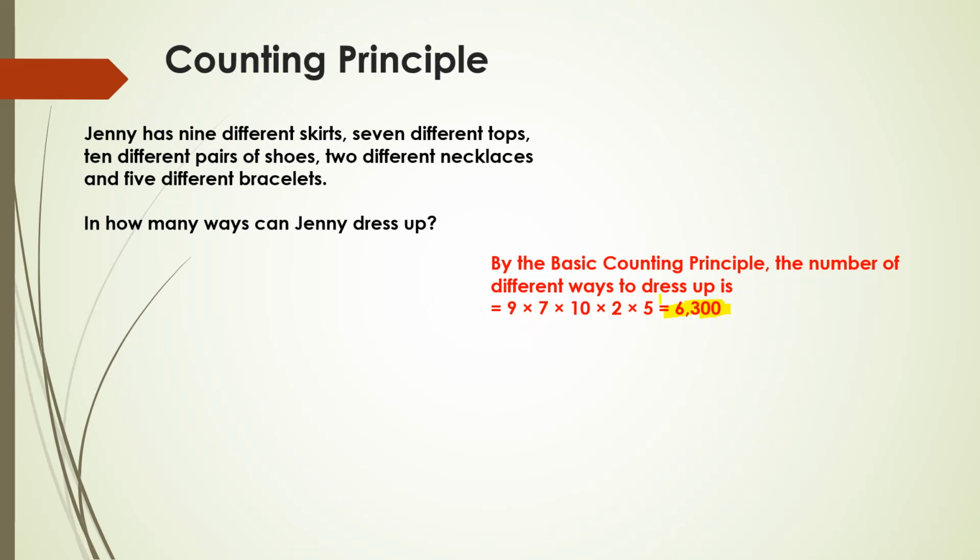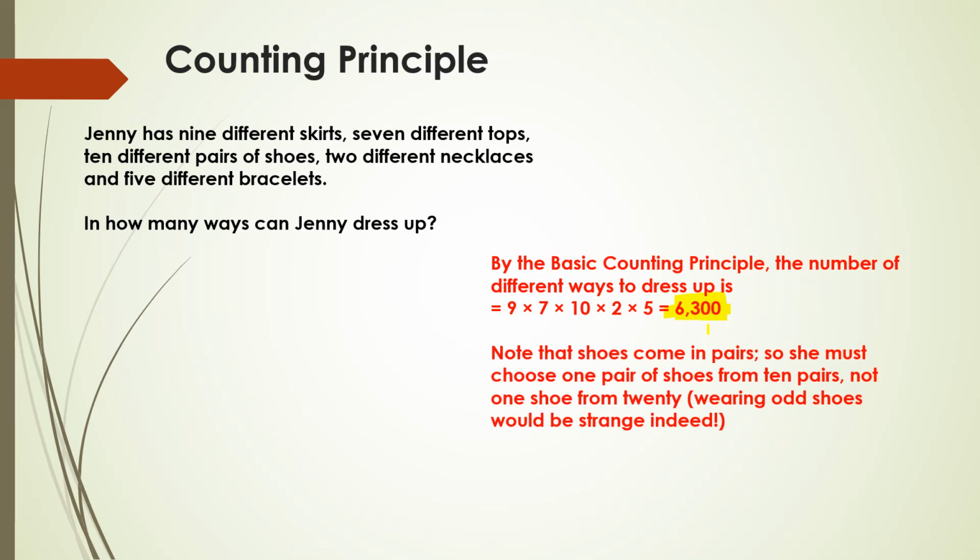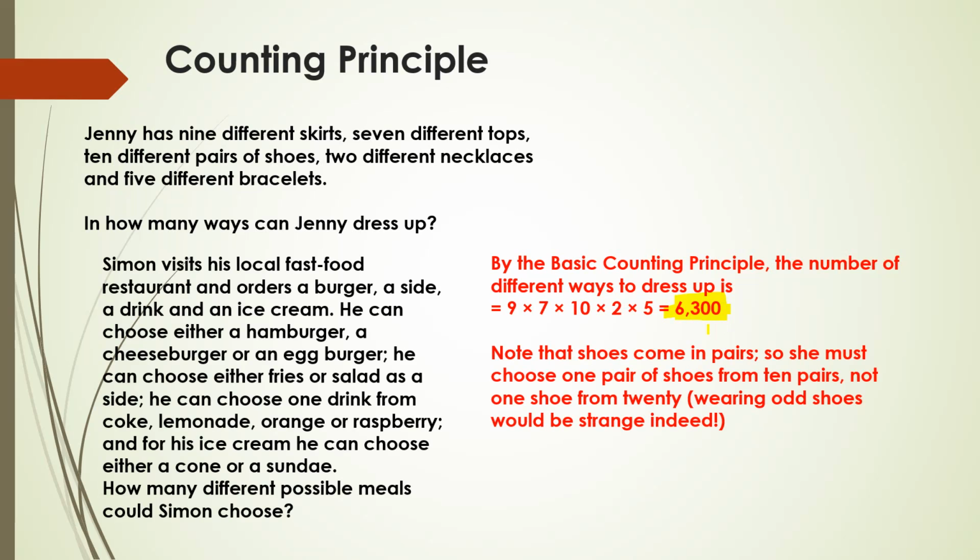She can choose them in 6,300 different ways. 63 times 10 is 630, times another 10, 6,300 different ways. Note that the shoes come in pairs, okay? So we must choose one pair of shoes from 10 pairs, not one shoe from 20 different shoes, okay?